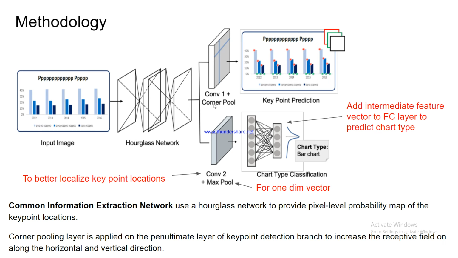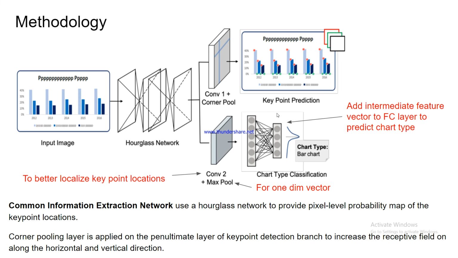Corner pooling is applied on the penultimate layer of the key point detection branch to increase the receptive field along the horizontal and vertical directions. It also uses convolution to better localize key point locations, converting that into a one-dimensional vector. Finally, it finds the key point predictions and their type classification.